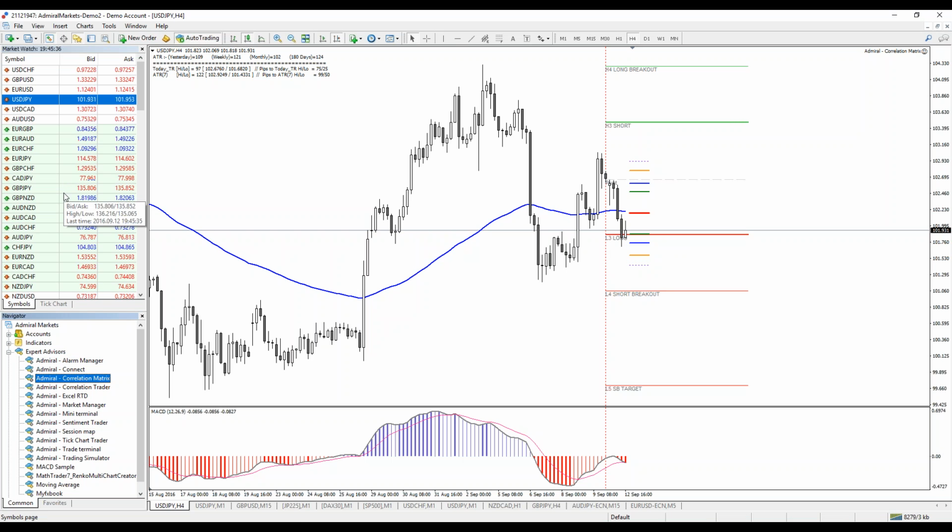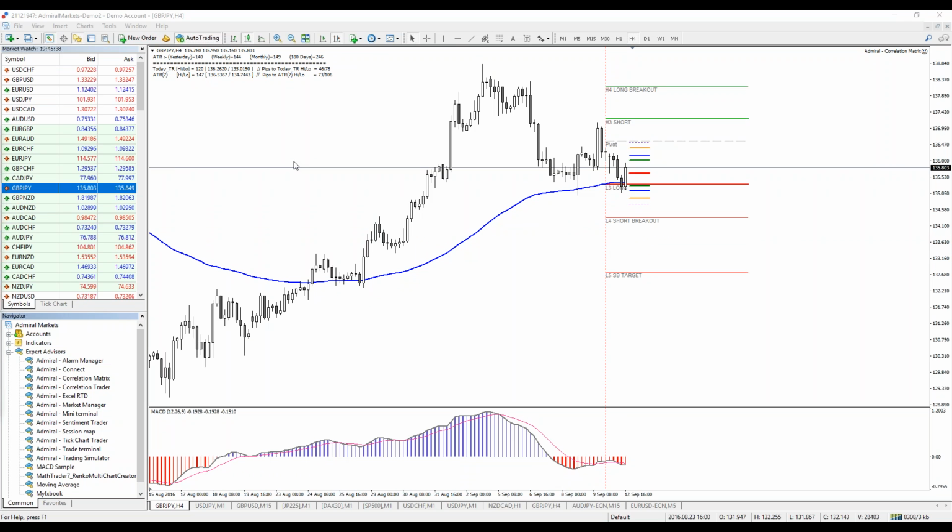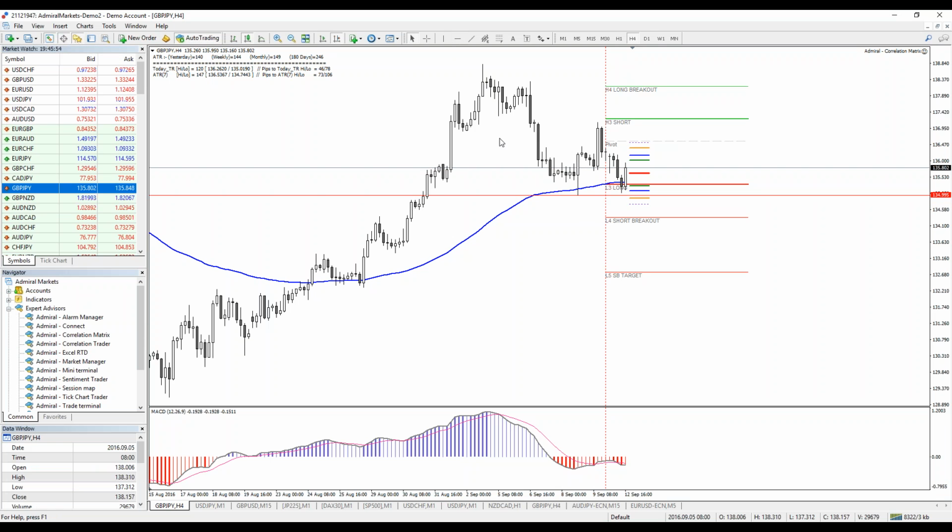Pound yen. You see pound yen. It dropped and now it's rejecting from support. So if you want to see it more to the downside, definitely this low needs to break. The low of this candle is 135.0099.